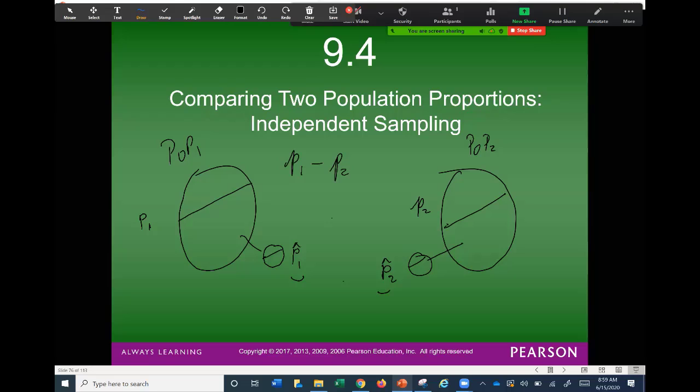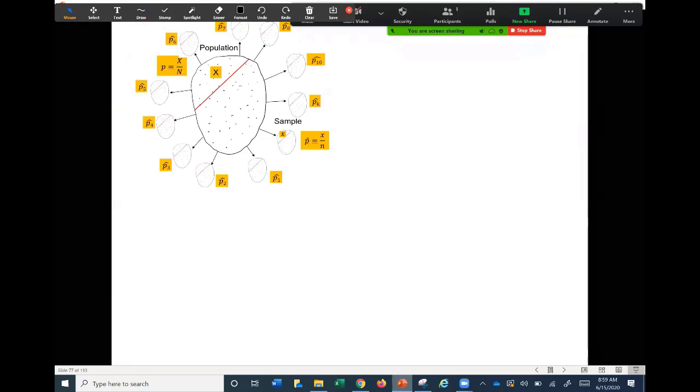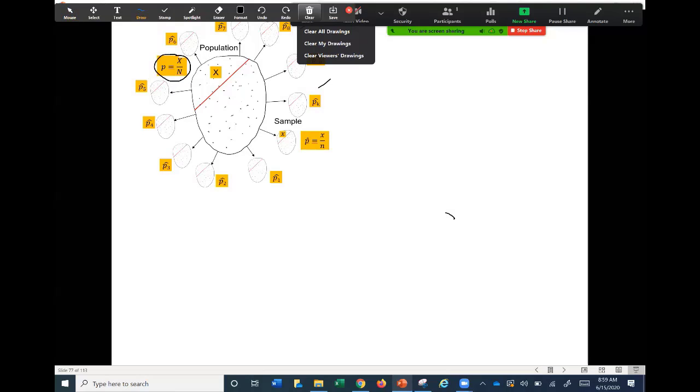Let's start. First of all, we studied in chapter 7 the sampling distribution for a sample proportion. Here is the population, we have all children, and if the population has that proportion, then the samples will have approximately the same proportion, and the distribution of all these sample proportions will follow a normal distribution when my sample size is big enough.